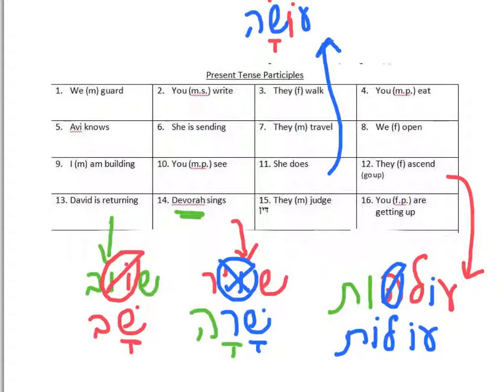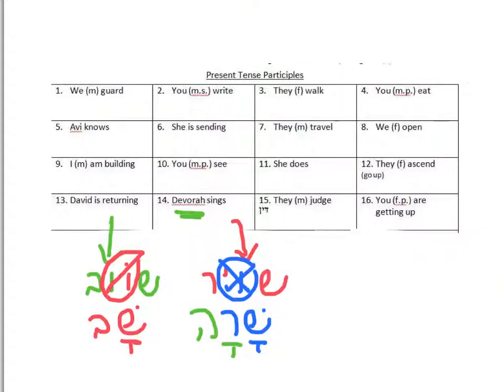Okay. How about they judge? So my shoresh is din. Okay. I try to add that o in the middle, and it doesn't work. I can't have that yod and that vav. They're both em kriya. Doesn't work. So I'm left with dalet and nun.